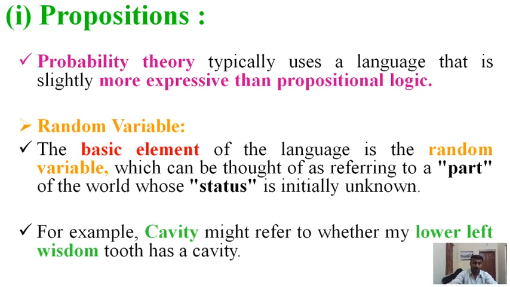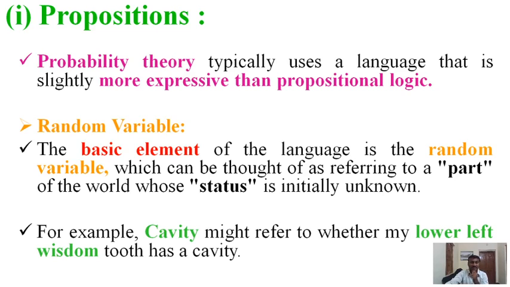For example, Cavity might refer to whether my lower left wisdom tooth has a cavity. So it is a basic random variable.